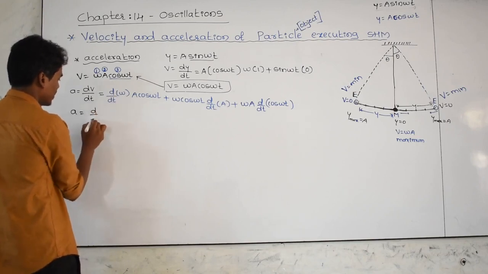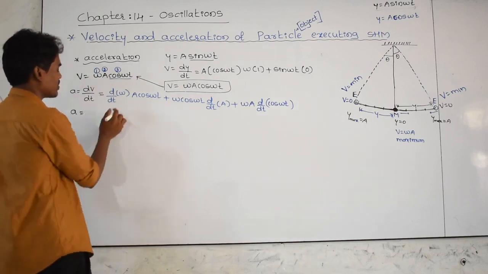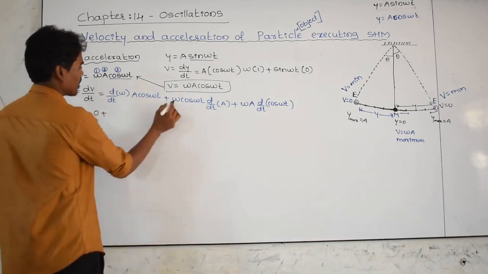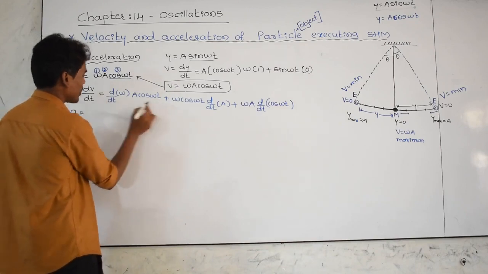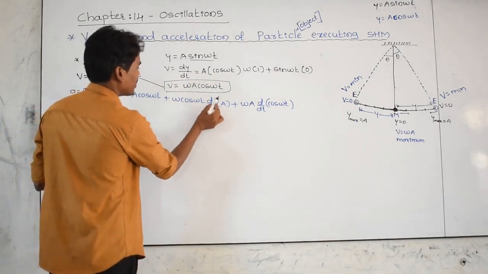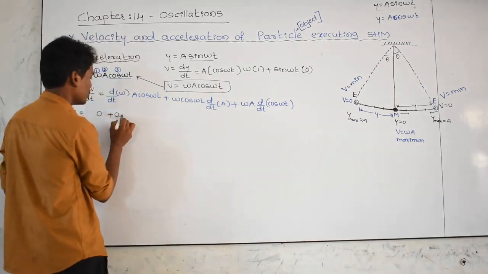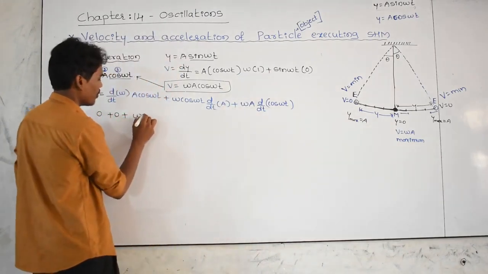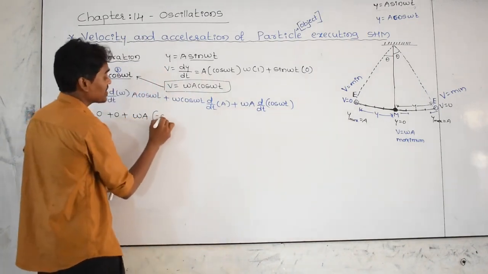And here acceleration is equal to d by dt of omega, and d by dt of omega is 0, because it is a constant and cannot be differentiated. This is 0, plus again 0 into all these values is 0, plus omega cos omega t times d by dt of the amplitude, which is 0, again 0, plus omega into a as it is, and the differentiation of cos omega t is minus sin omega t.